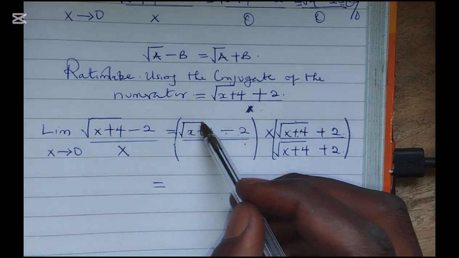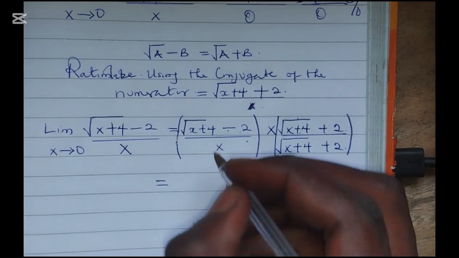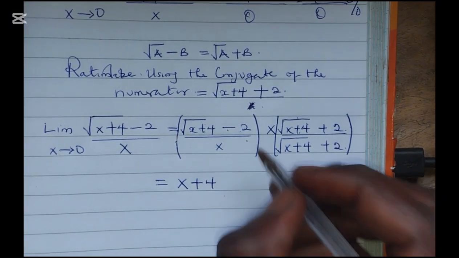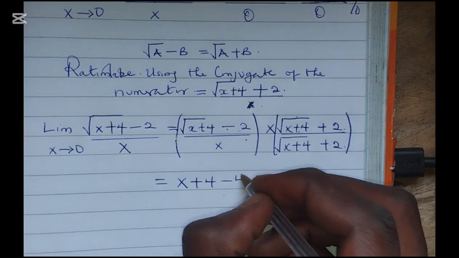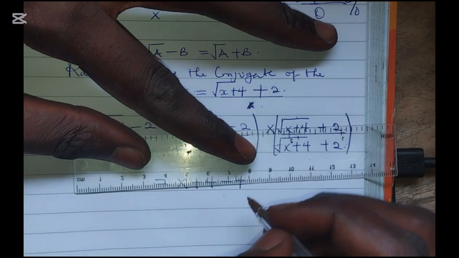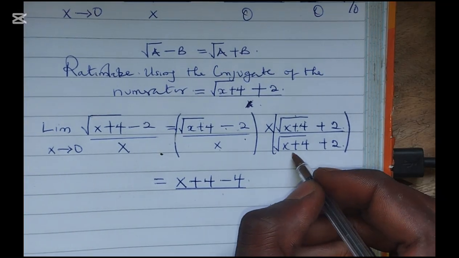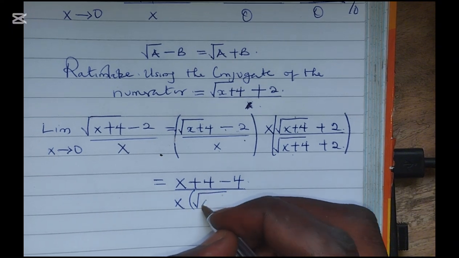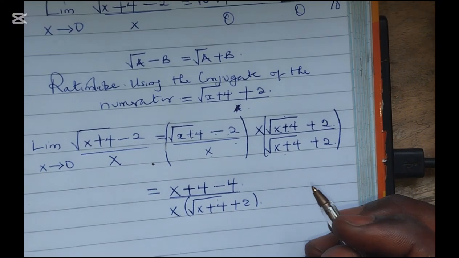So square root of this expression times itself is still this expression, which gives us x plus 4. Negative 2 times positive 2 gives us negative 4, all over x multiplied by root of x plus 4 plus 2.